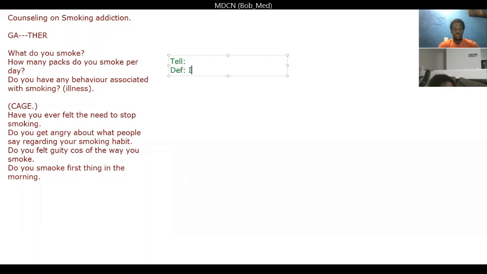So smoking is the act of inhaling and exhaling smoke or fumes.